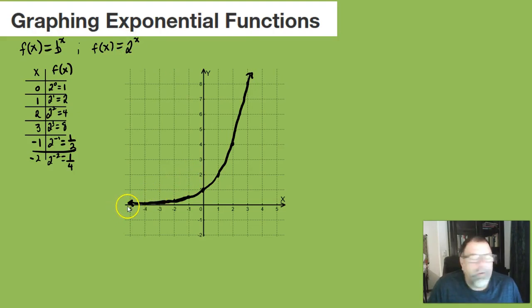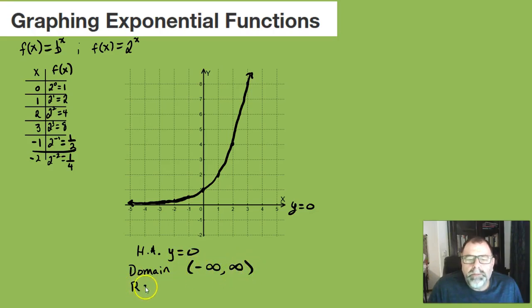shape. So the characteristics that we should know is that we have an asymptote, y equals 0 is a horizontal asymptote. And then this curve is our exponential growth curve, and then our domain is all real numbers.